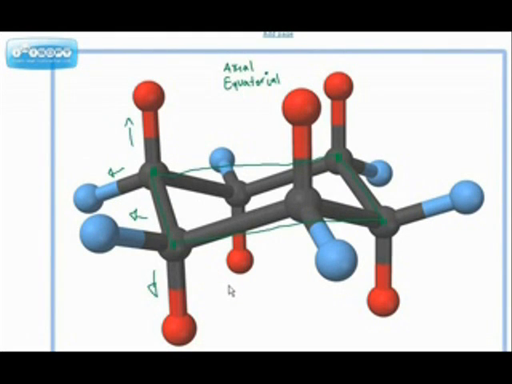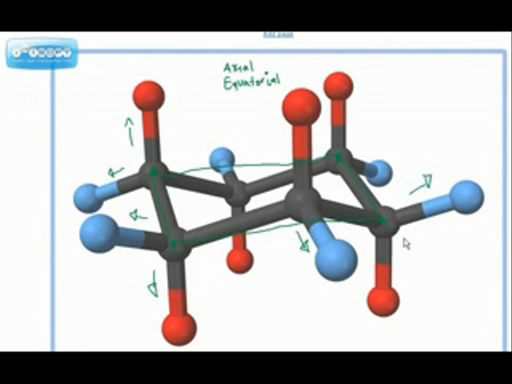So when I say an equatorial hydrogen on the cyclohexane molecule, I mean any of these color-coded blue hydrogens that are either going at a slant down away from the plane or jutting up at the same amount of slant, just in the opposite direction, upwards.